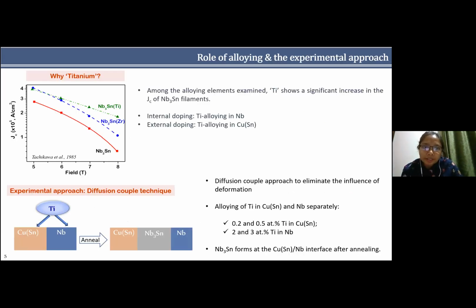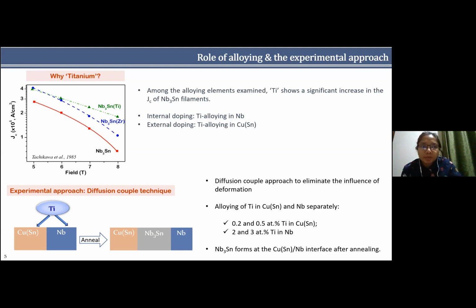So over the years, many people have attempted to enhance the high field performance of Nb3Sn wires by the alloying approach. So what they did was to alloy with a certain small amount of different alloying elements. And among many such alloying elements, titanium has emerged as one of the potential candidates, which when added even in quantity as small as 0.5 atomic percentage, could enhance significantly both the upper critical field, which is BC2, and the critical current density.